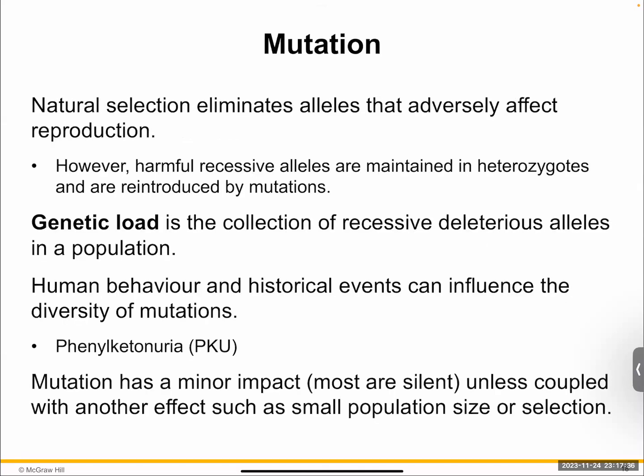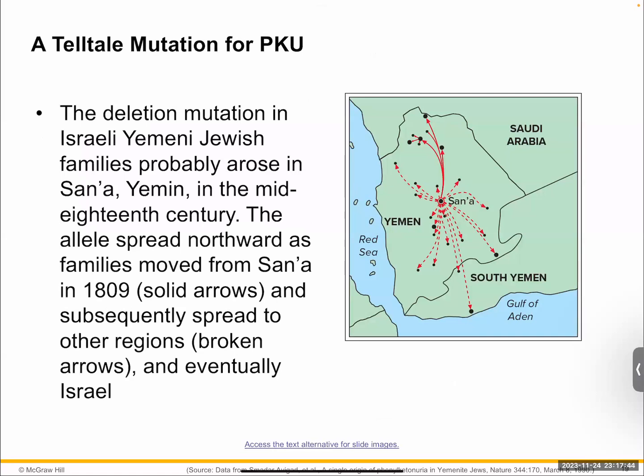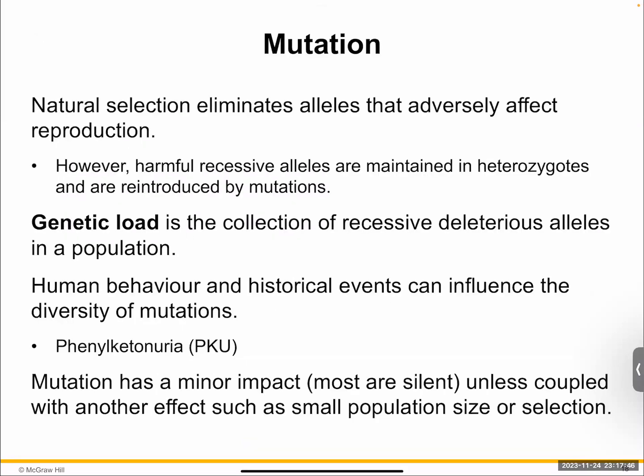In terms of mutations, I think this is one of the things that I find very fascinating. When we talk about mutation, there is the concept of natural selection, so choosing for a specific characteristic to increase the chance of survival for that individual.